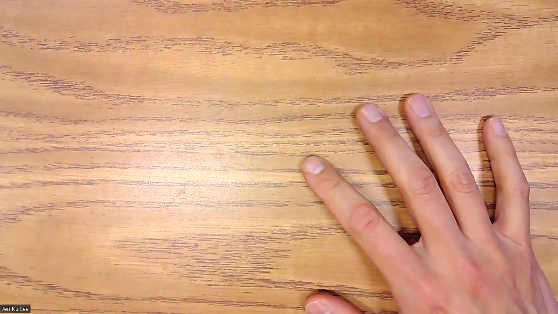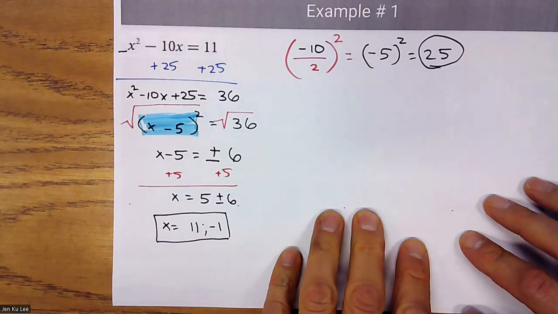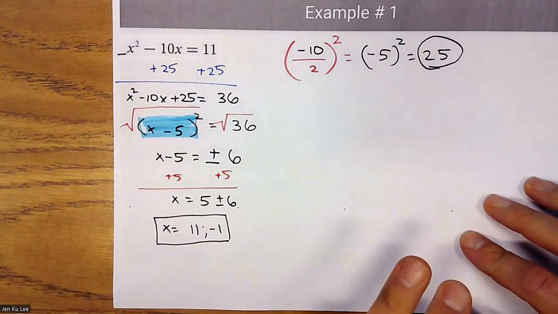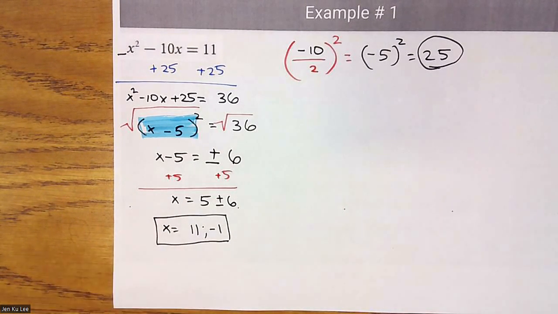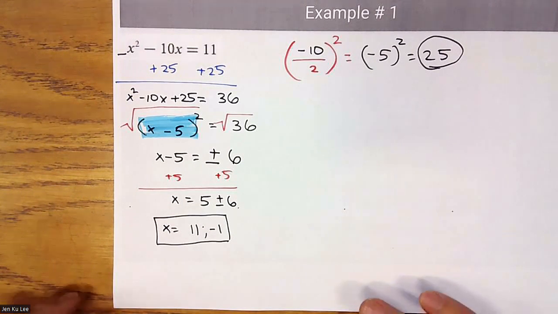Okay? All right. Five minus 6 is -1. 5 plus 6 is 11. Yeah.